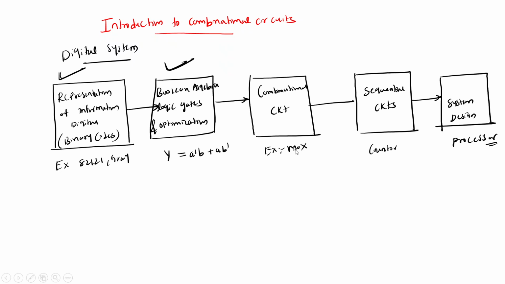Then combinational circuits, sequential circuits, and system design. Combinational circuits like mux, adders, subtractors, and sequential circuits like counters. System design means SoC, system on chip, or a processor, that is nothing but the total system design. With the help of combinational and sequential circuits we will design the system.